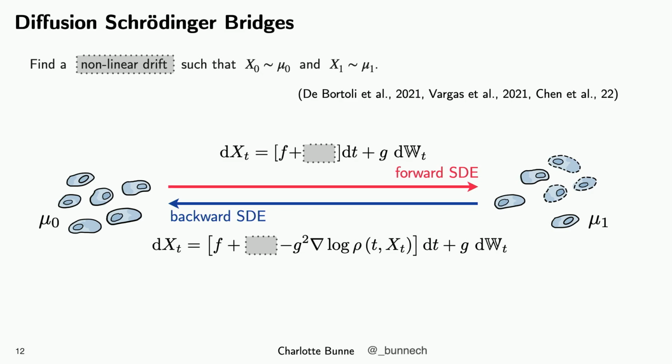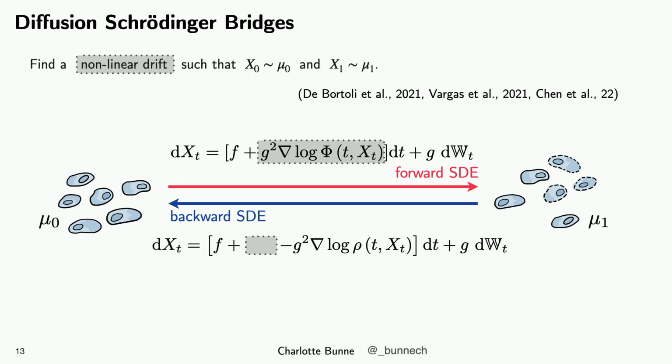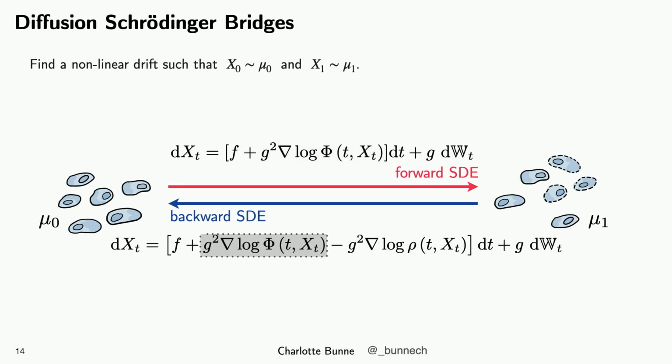Instead, I need to find somewhat a nonlinear drift that describes the dynamics of my cell distribution from the unperturbed to the perturbed state, from the disease state to the healthy state, and so on and so forth. I can plug this in. I kind of know the solution already, because I want to basically derive the system. I plug this in, and this is now a system.